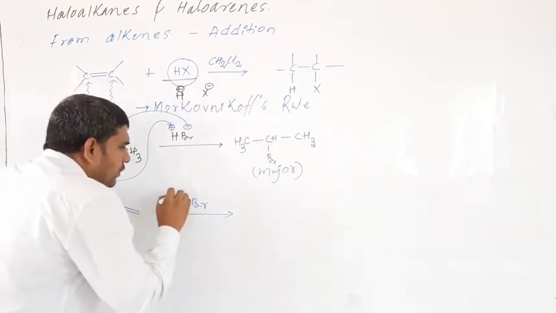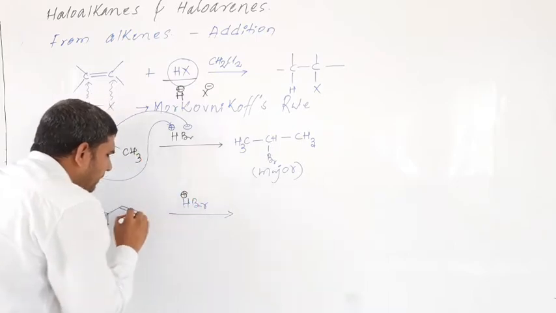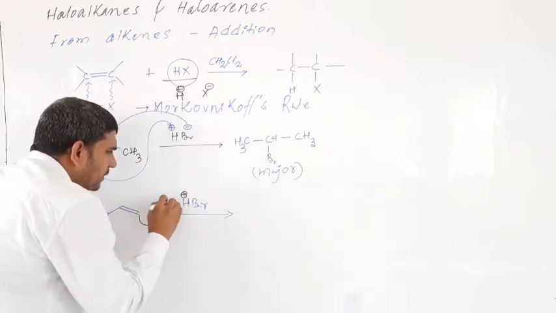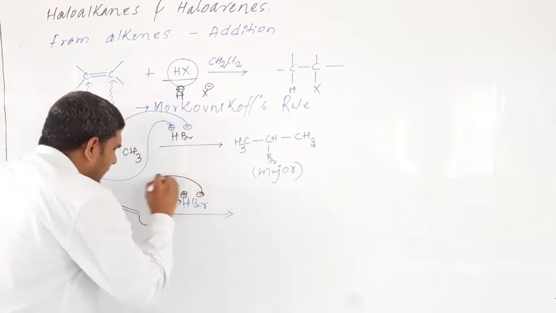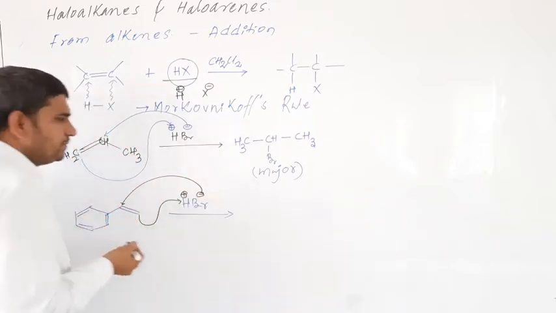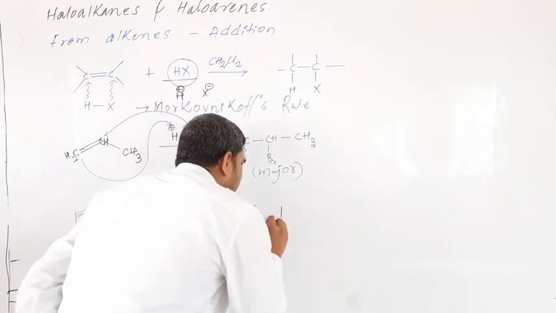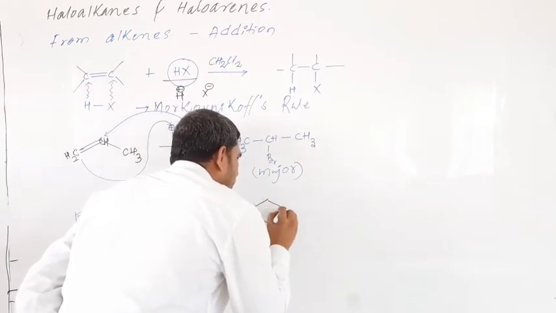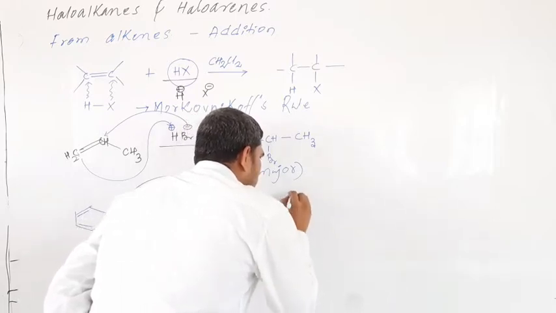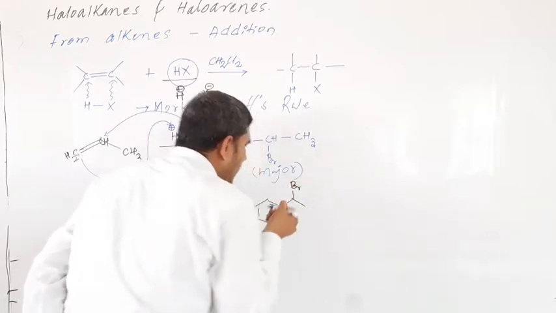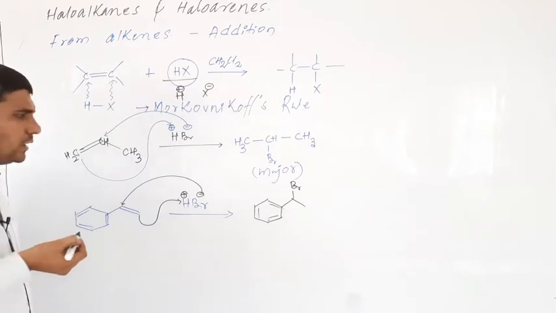What is Markovnikov's rule? Positive part to the carbon containing the maximum number of hydrogen atoms and negative part to the carbon containing the minimum number. This product is obtained. Understood?